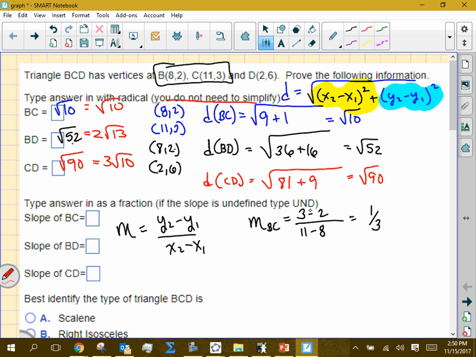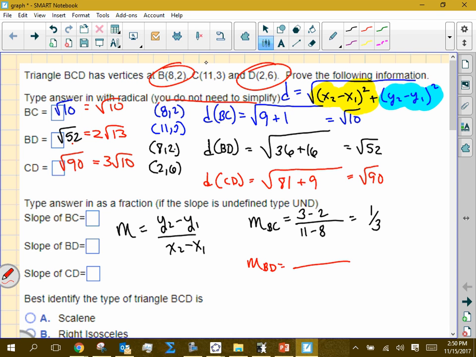Then I'm going to do the slope of BD. So B and D are those two. Again, it doesn't matter the order that you subtract the y's. I can go 2 minus 6 or 6 minus 2. Does that make sense? But how you decided to subtract those is how you have to then subtract your x's.